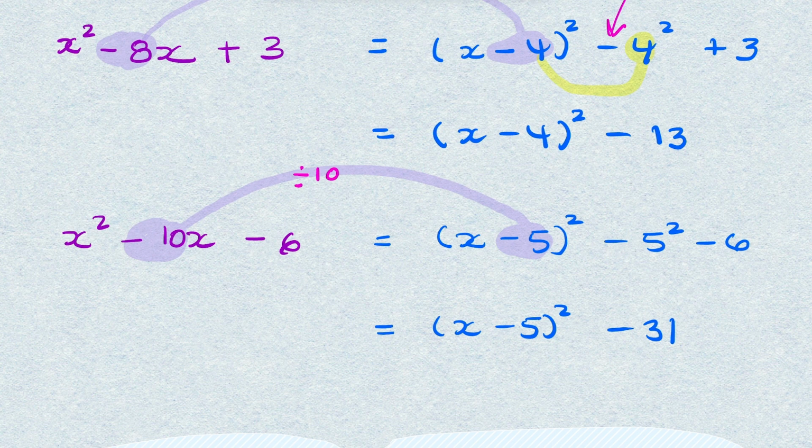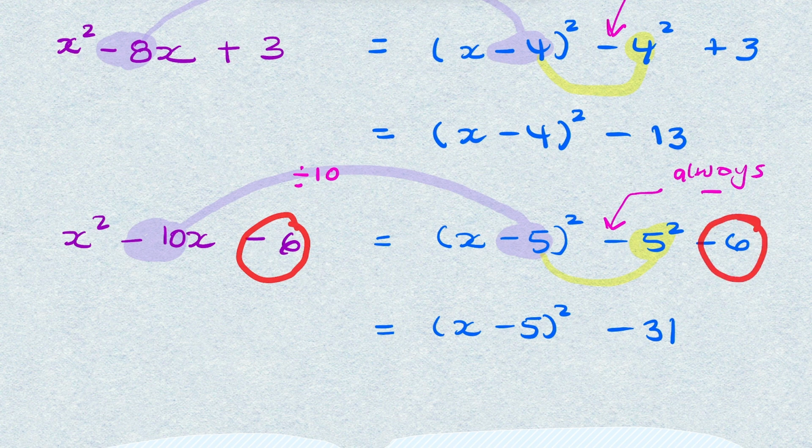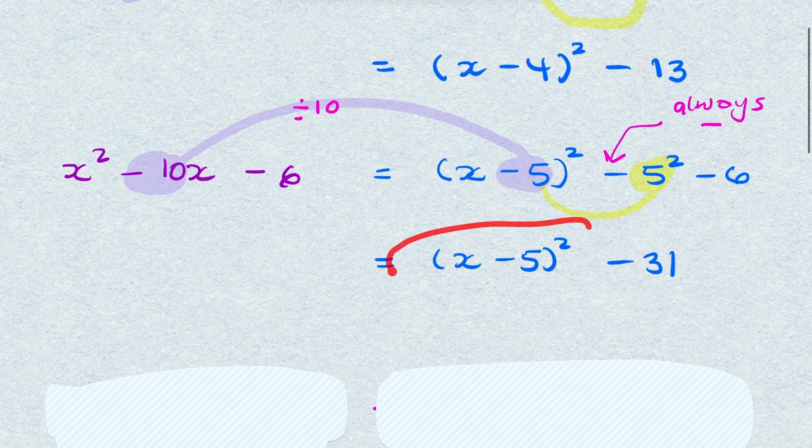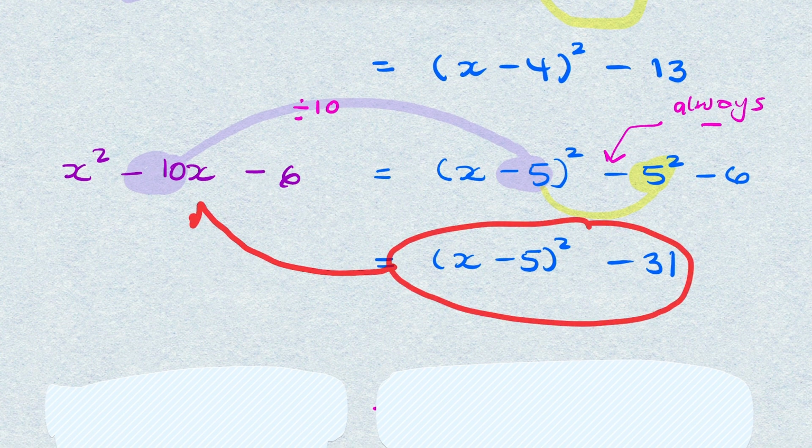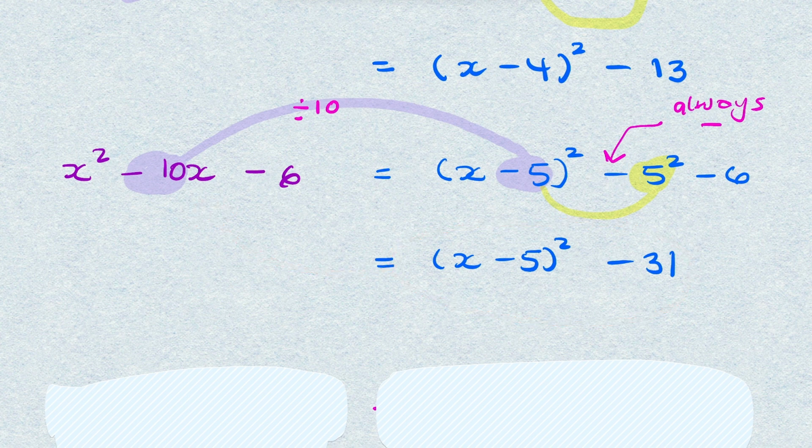And then I will take the 5 and square it, and I'll always have a negative sign here. And then the negative 6 is as it was. So this is the complete square version of that.